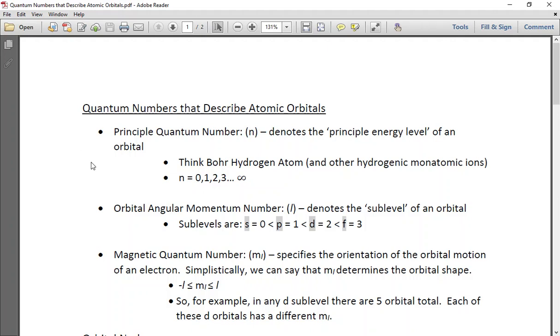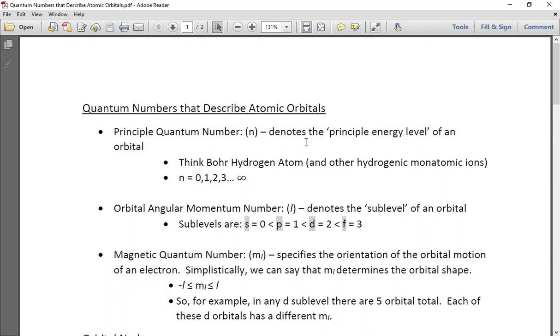The first quantum number that you need to be familiar with is the principal quantum number, and this denotes the principal energy level of an atomic orbital. This was the first quantum number to be used to describe the region of space an electron would be found about its given nucleus.